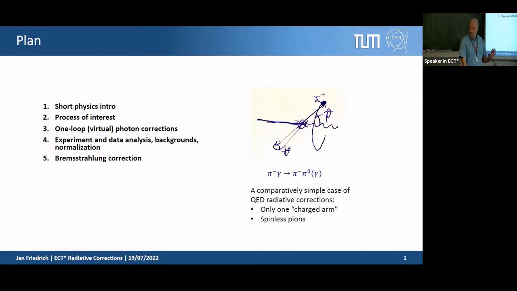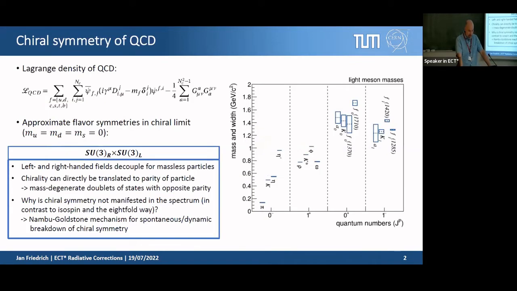I wanted to make another remark. Anyway, let's go to the first part, the theory motivation. We know that the QCD Lagrangian features, at the chiral limit, so for massless quarks, approximate flavor symmetries, so left and right-handed fields decouple.